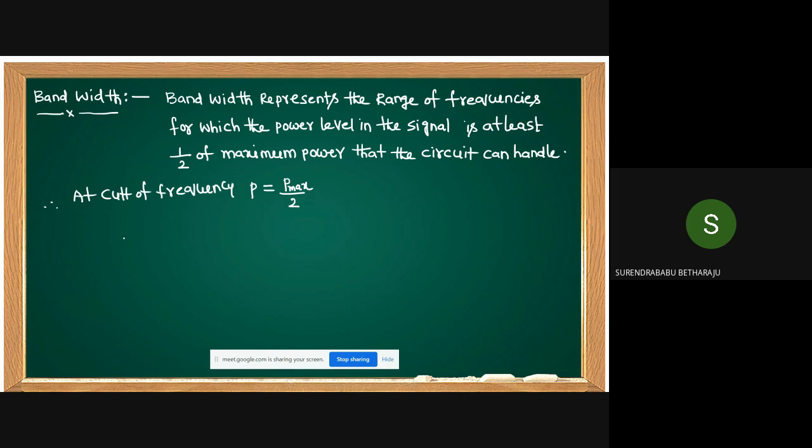At resonance condition, maximum power is transferred. P maxima by 2. Shall I write like this? P maxima equal to I maxima square into R, by 2.